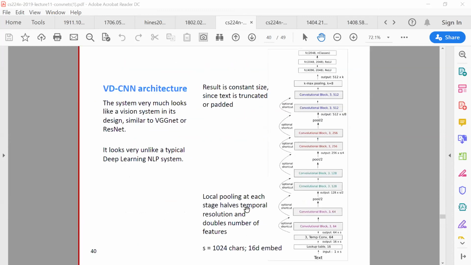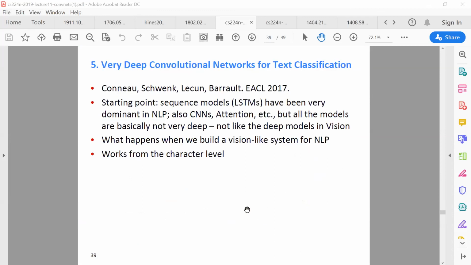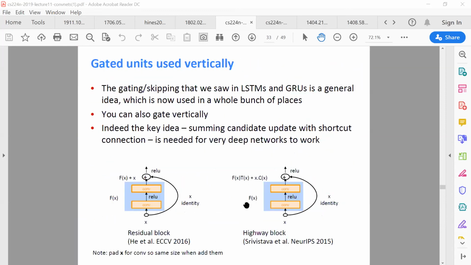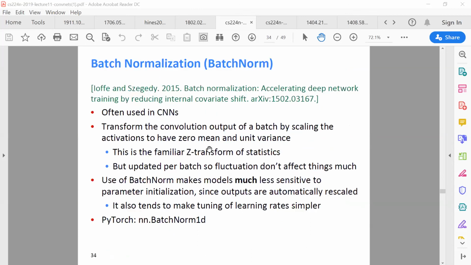Then he also talks about very deep convolutional networks. I think with this trick of residual nets, they were able to go very deep and have very many layers. So you have ResNet and ResNet 101 and so on. You can have very deep convolutional networks, and this has been used for image processing for computer vision.